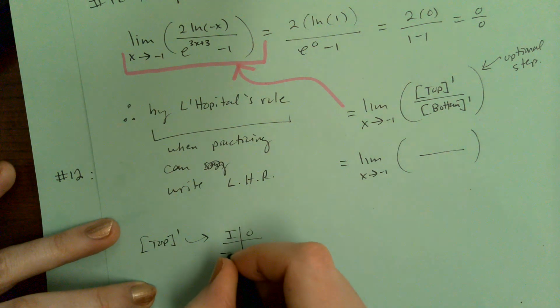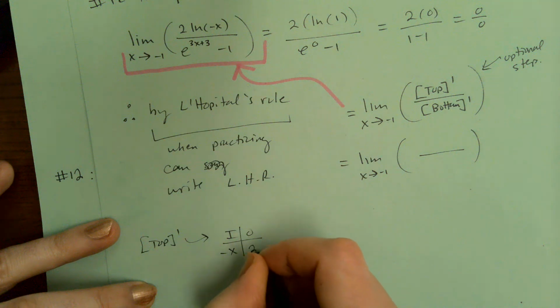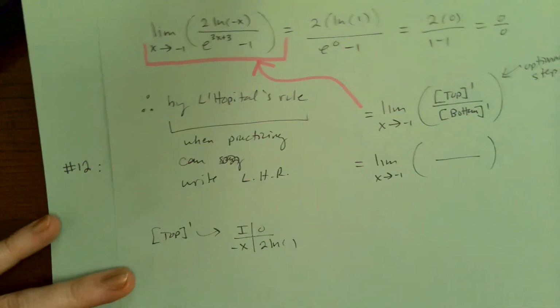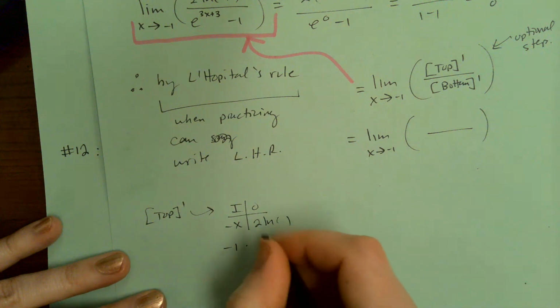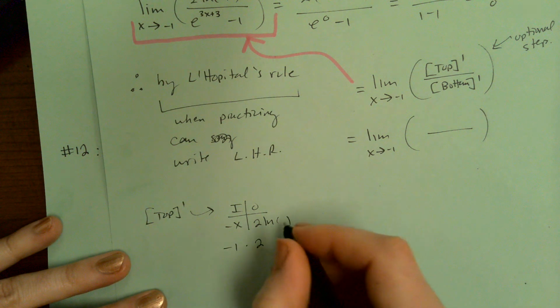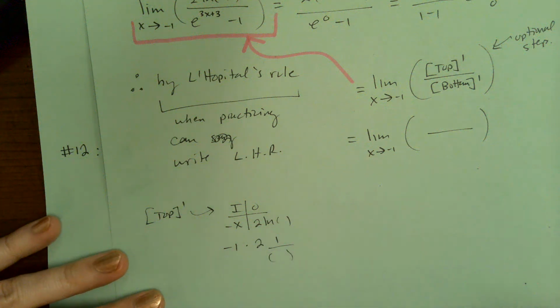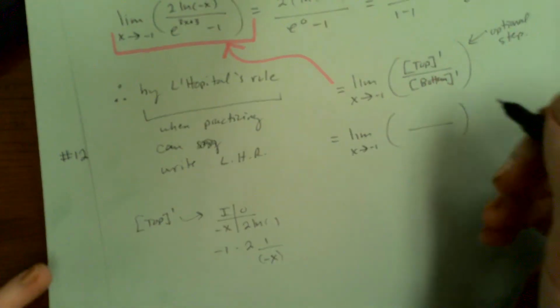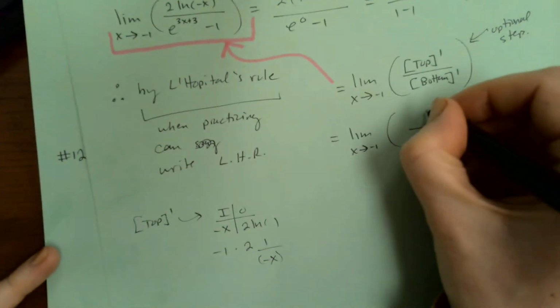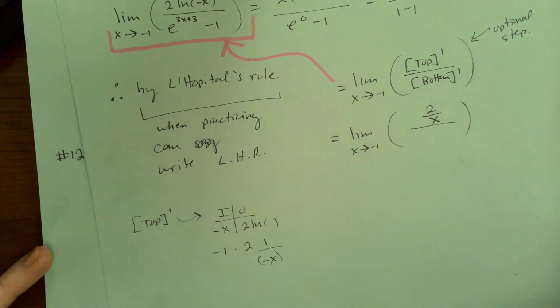So the inside would be -x, the outside is 2 natural log of blank. The derivative of -x is -1. The 2 is a coefficient, it just comes down, and then derivative of natural log, and then -x goes in there. Now actually, guys, these negatives are going to end up canceling, so the derivative of the top is 2 over x.